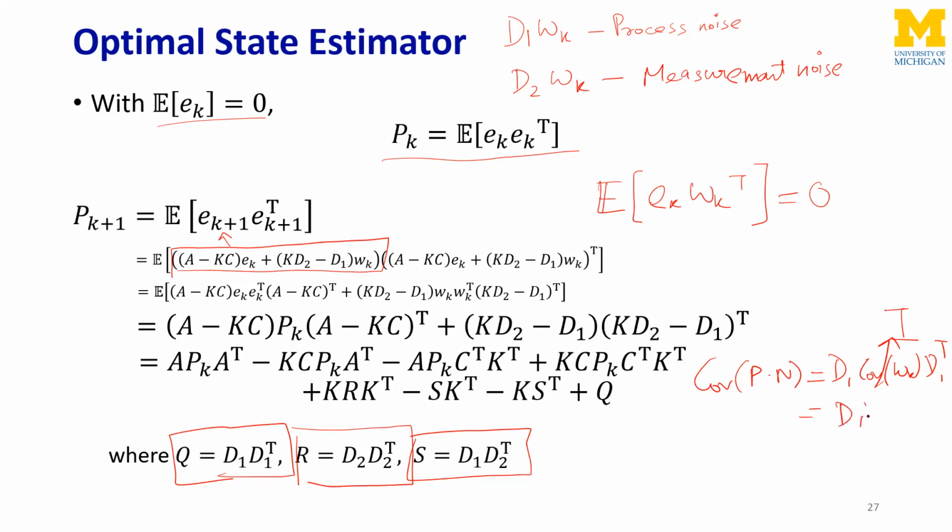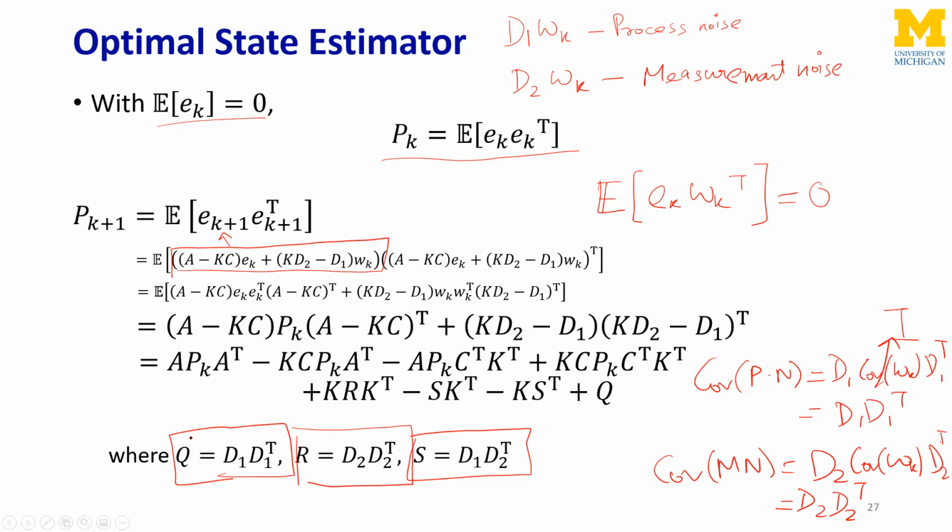So this becomes D1 D1 transpose. Similarly, the covariance of the measurement noise is D2 times the covariance of W_k times D2 transpose, and this becomes D2 D2 transpose because the covariance of W_k again is I. So these terms Q and R are convenient ways of writing the covariances of the process noise and the measurement noise. That was the reason why we reformulated the equations to have those special D1 and D2.